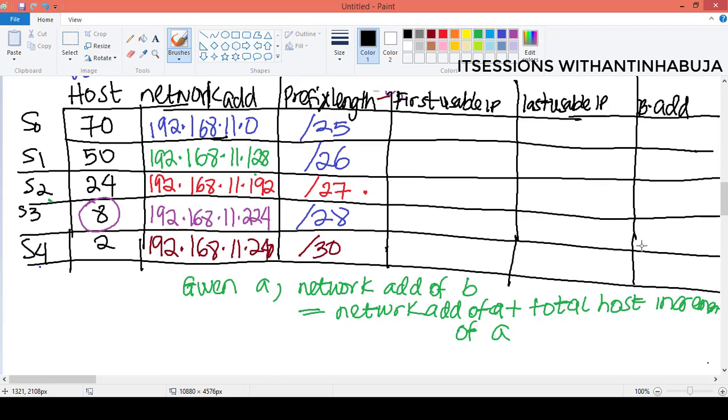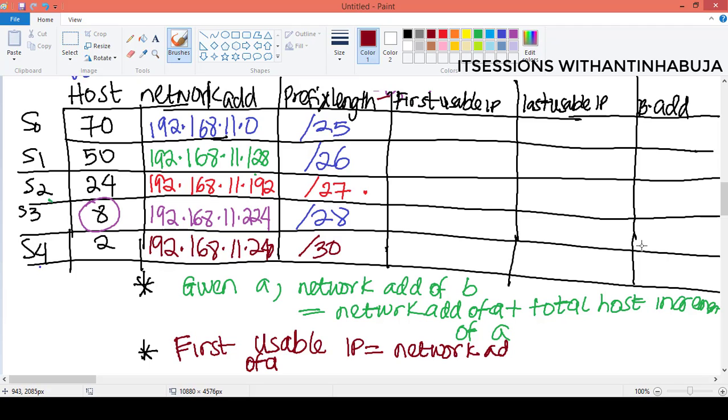So these are my list of formulas which you shouldn't forget. The first formula: first usable IP address of A is equal to network address of A plus 1.